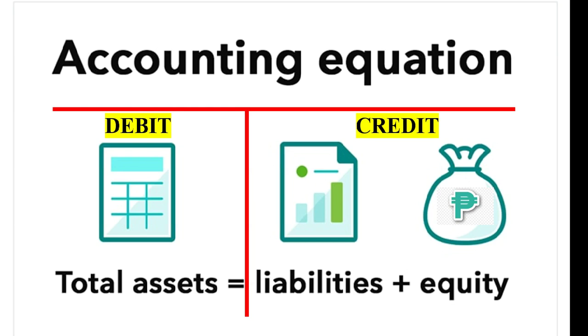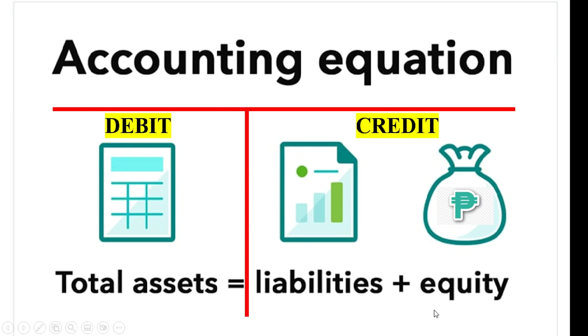So we have here a horizontal and a vertical line. The vertical line separates total assets from liabilities and equity. The left side of the T account is your debit side. The right side is your credit side. This is very important to remember. Why? Because here you could see that only assets fall under the debit side, correct?